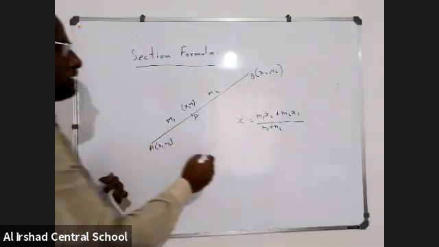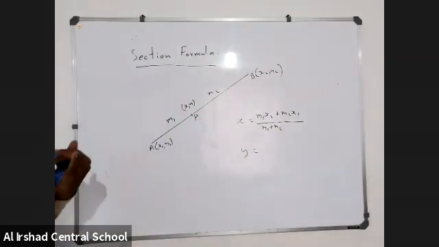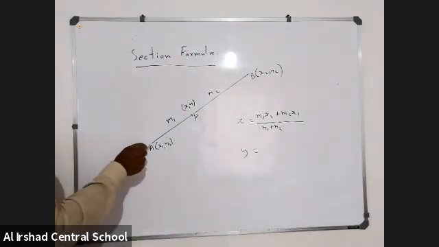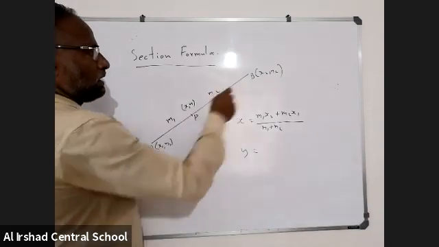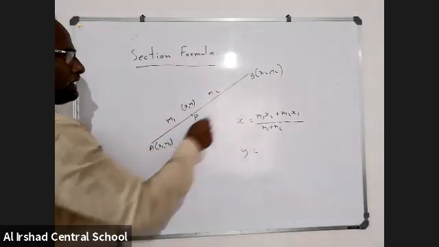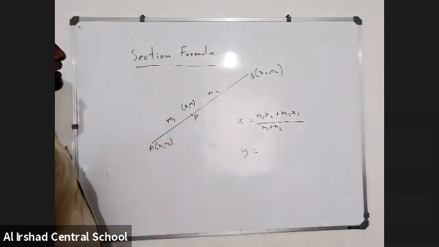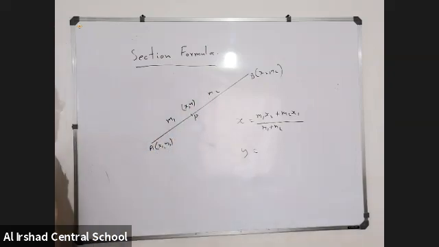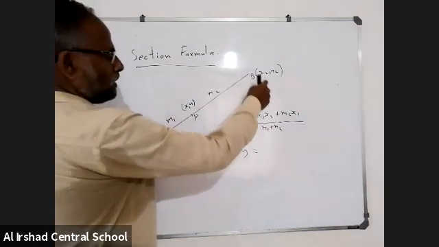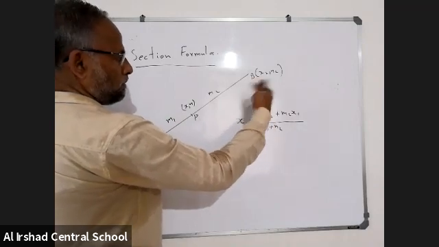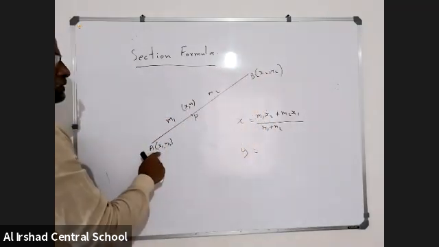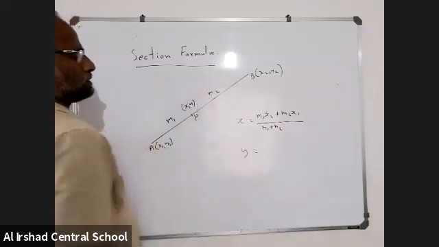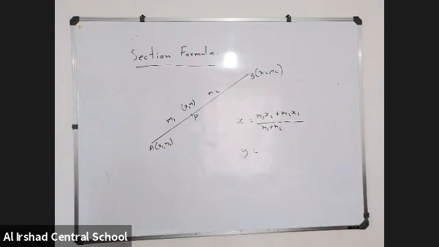See, we got the x coordinate, then after that the y coordinate also. Understand this one. When a line segment AB has x1, y1 and x2, y2 as its coordinates, and is divided in the ratio M1 is to M2, maybe 1 is to 2, 2 is to 3, something like that, the first ratio into the coordinate x2, plus M2 into x1, divided by the sum of the ratios. M1 x2 plus M2 x1 by M1 plus M2.